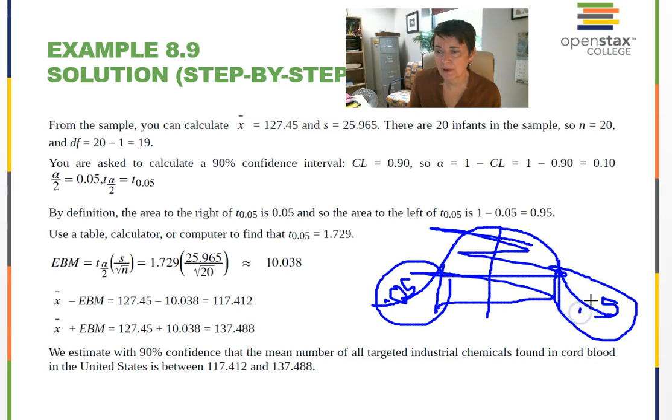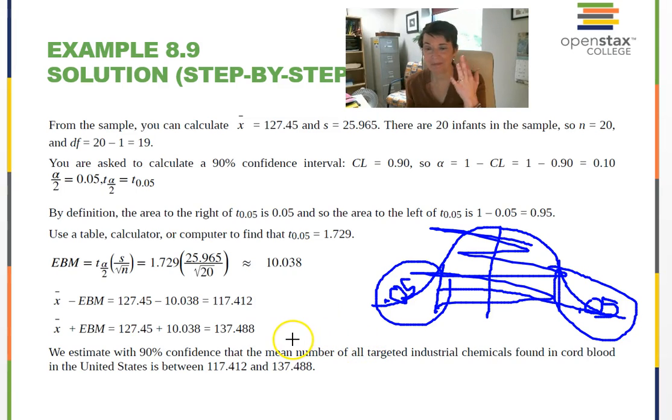Okay, that's where those numbers come from, and that's what it's talking about. The area to the right of this is 0.05, and the area to the left of it is 0.95. If I go all the way here, it's 90% plus that little bit of 5.